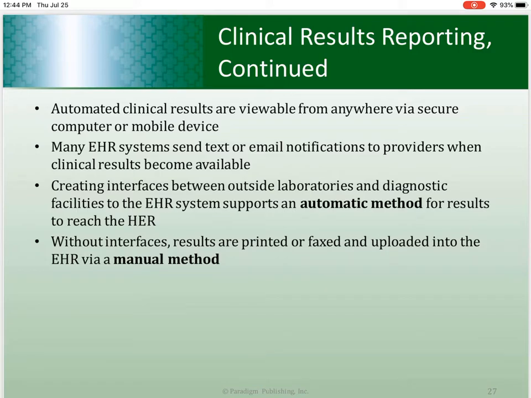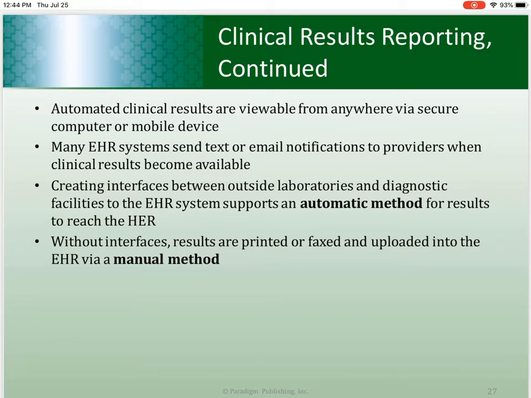When EHR systems are able to interface with laboratory computers and other computers that output test results, healthcare providers can use personal computers or mobile devices to access test results and order medications, treatments, and further tests to address the reported results. This is an example of the automatic method of results entry.